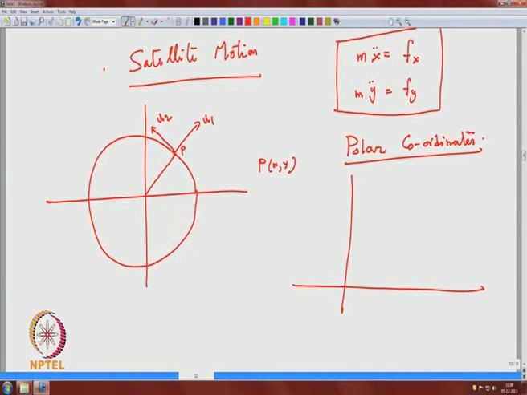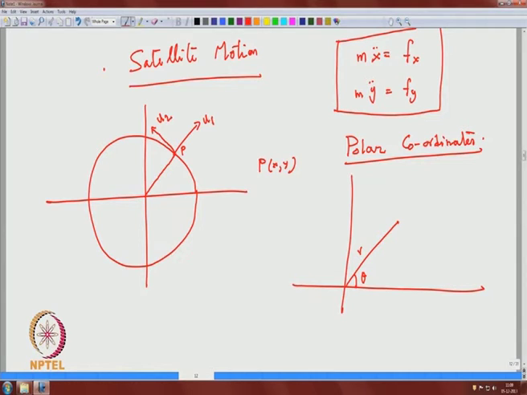So, you have r and theta, and you can write down the radial and tangential equations, and do a very simple analysis, not too complicated. If we had time we could have done it, but we will not. I am not sure we will be able to do a much better analysis of this problem.